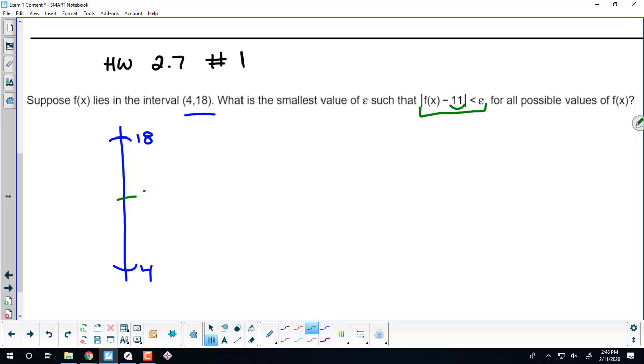So wherever that's at, 11's here. What epsilon keeps us within that boundary? 7 from both directions. 7 here and 7 here. So that's what epsilon would have to be to keep us within that window.